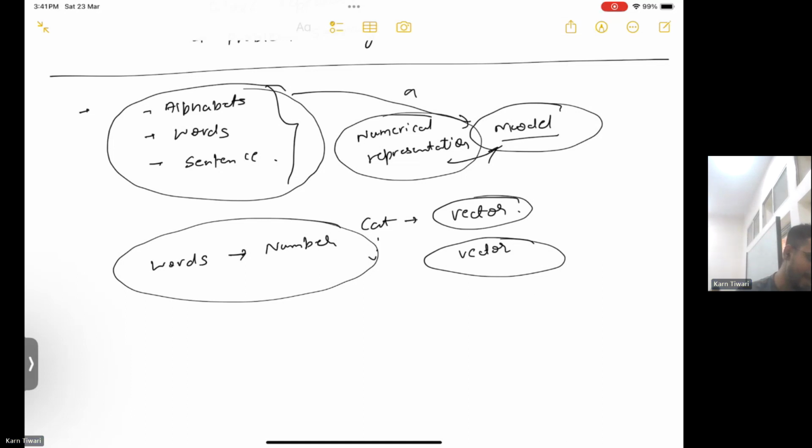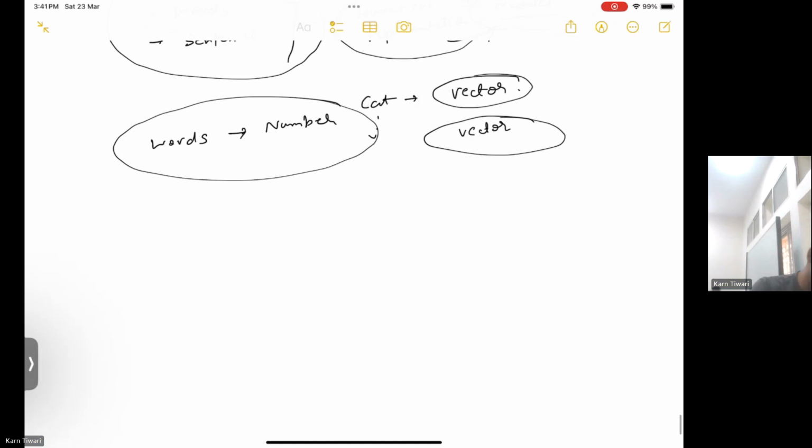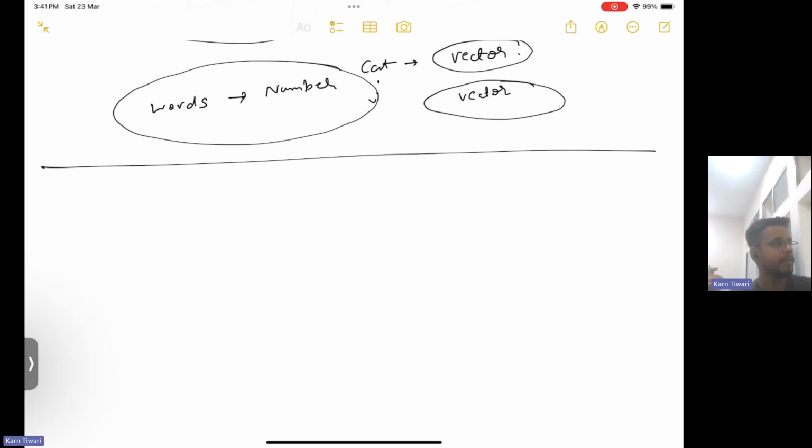But here we have a lot of freedom to design the numerical representation of each word, so that we can capture grammar and semantic meaning out of it. The first technique we'll look into is the one-hot representation of words.